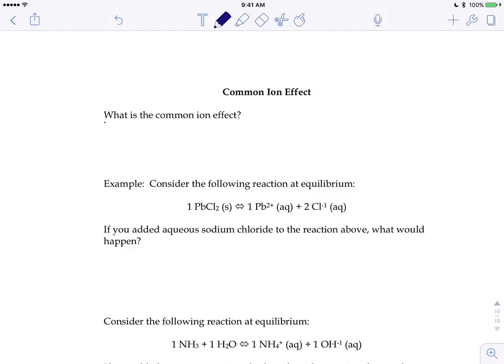The last thing we're going to look at today is something called the common ion effect. So the common ion effect, what does that mean?